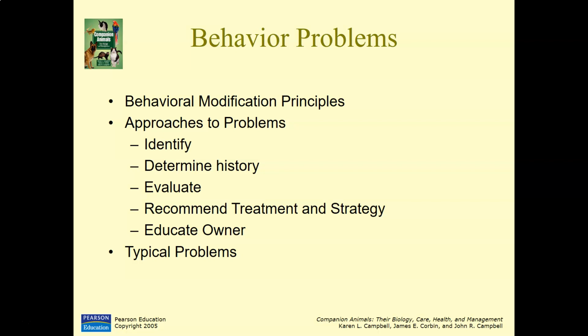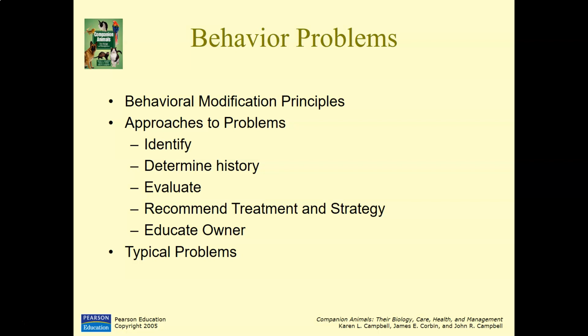Is there any underlying condition or disease that's contributing to this problem? Then bringing in treatment alternatives and strategies to hopefully fix whatever is going on. And from there, educating the owner. A lot of owners might not be aware of what caused this, so making sure they know how to best prevent this in the future, but also fix it right now, and vice versa.